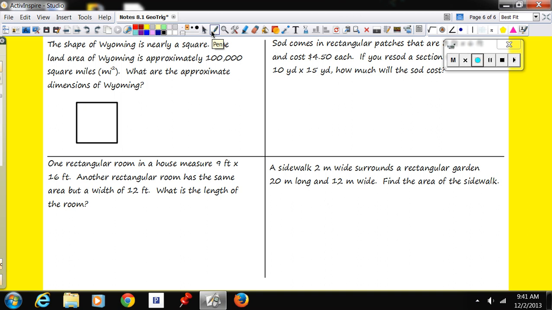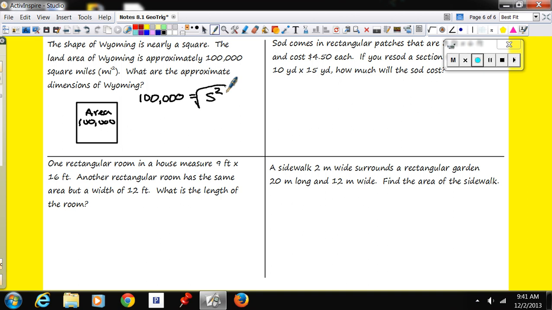It says the land area of Wyoming is approximately 100,000. I'm going to put that inside because that's what we call area. It asks, what are the approximate dimensions of Wyoming? I'm going to set this up just like I did last time, because it's telling me the area is 100,000 and it wants to know what the sides are. So what are we going to do to get that answer here?